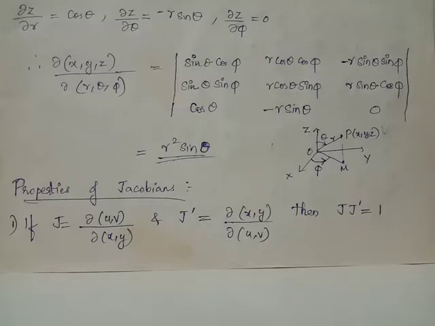Now consider point P again, which is also at the same distance r from the origin, and this radial vector r is at an angle theta measured in the positive direction from the z-axis, or we have the angle between the z-axis and OP equals theta, and these three variables constitute the spherical coordinate system: r, theta and phi.